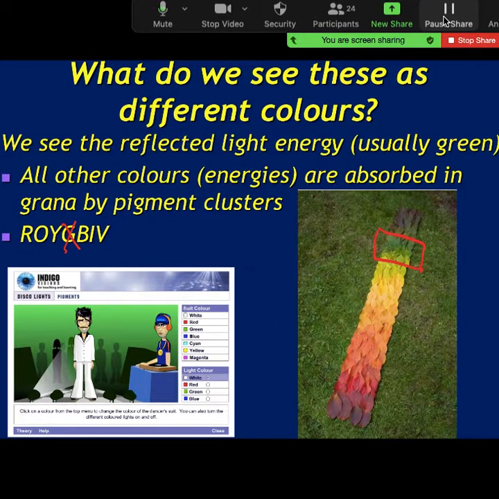Green. That colour would be the worst one to shine on it. You'd probably shine yellow, you might shine blue or purple, or even red on it, because that's going to make it grow better, because it has those pigment clusters present to do that.